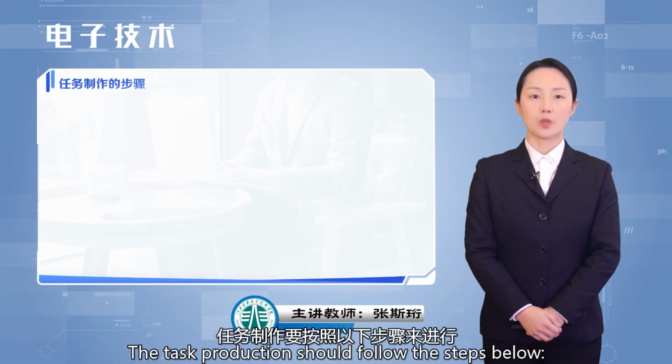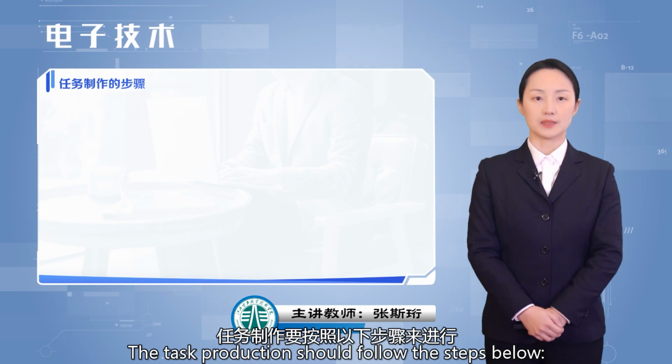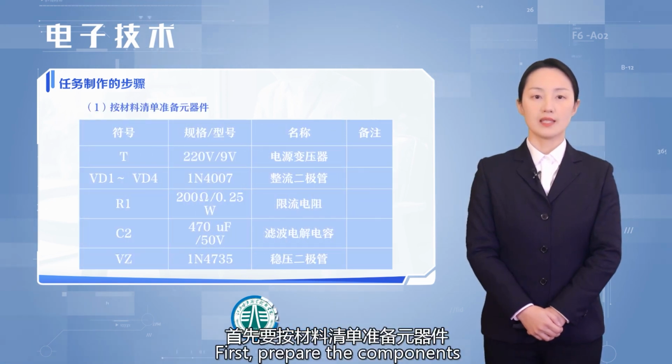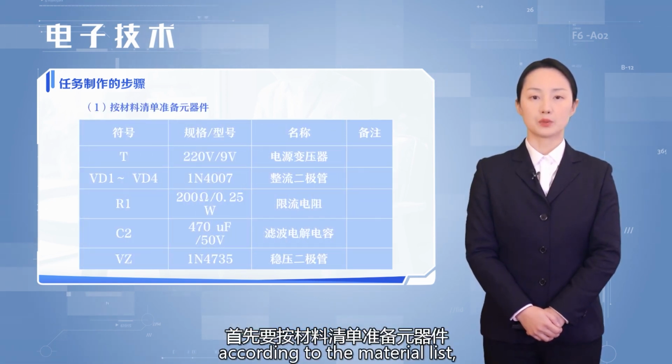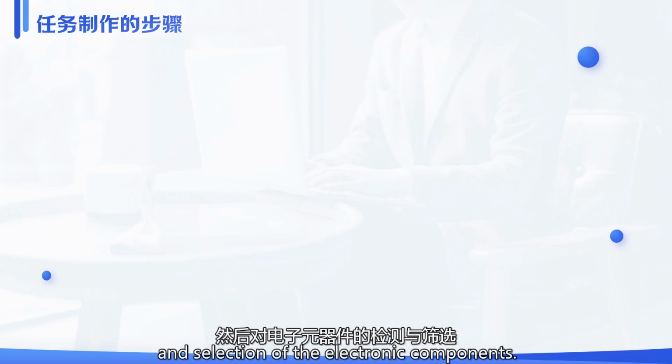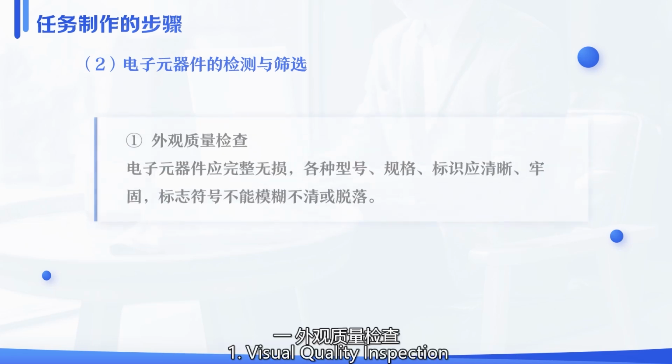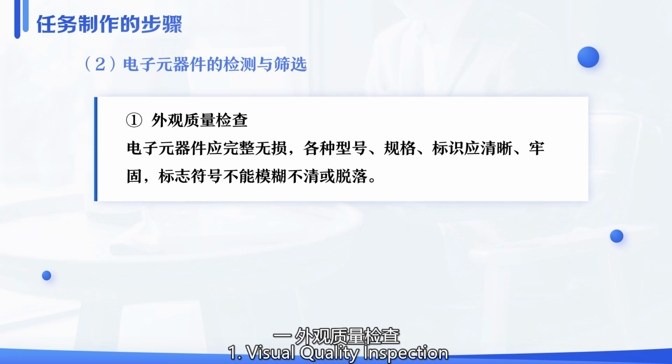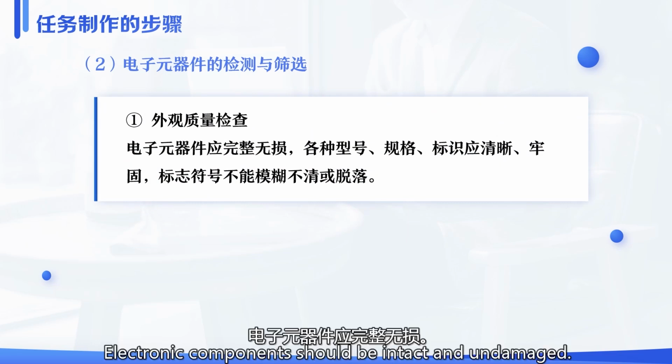The task production should follow the steps below. First, prepare the components according to the material list. Then, proceed with the inspection and selection of the electronic components. First, visual quality inspection. Electronic components should be intact and undamaged.